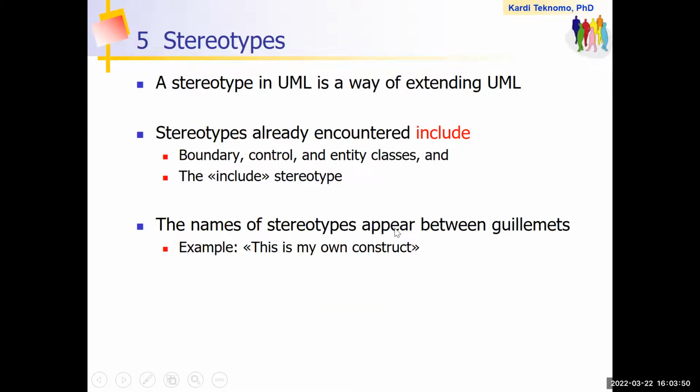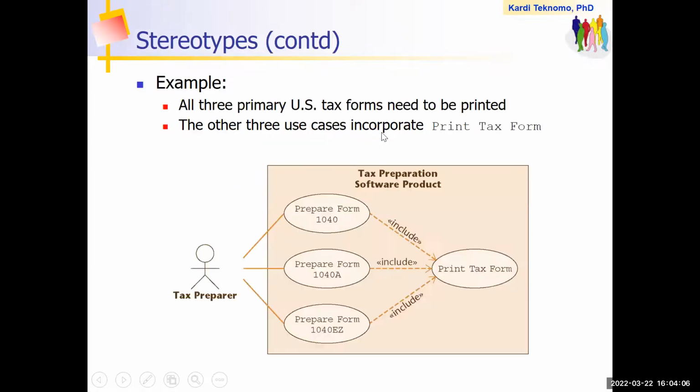So you can put a stereotype. This double angle bracket like this is called a stereotype, which means include or exclude. So this is an example. Say the actor is tax preparer, and it will prepare form number this and number that.